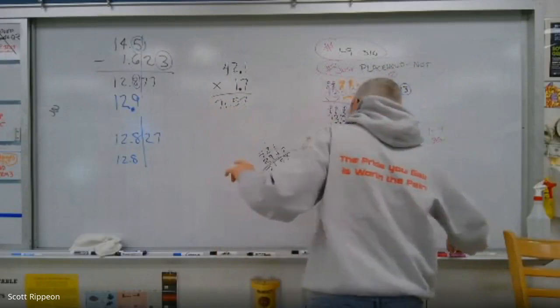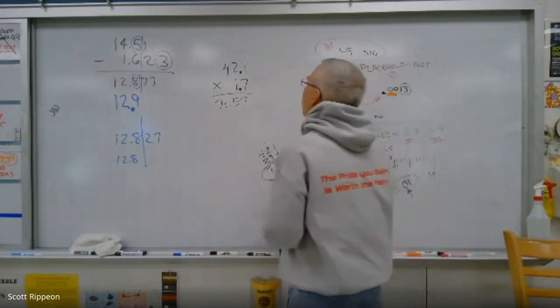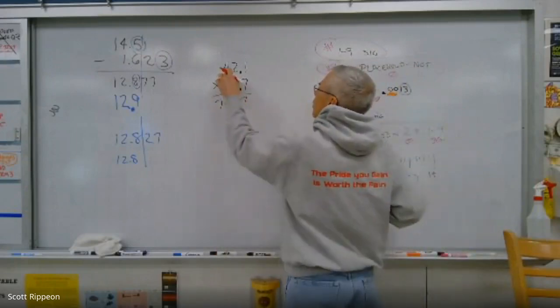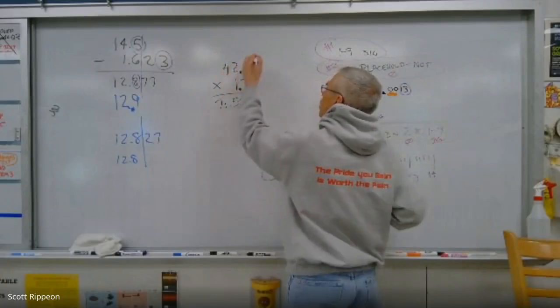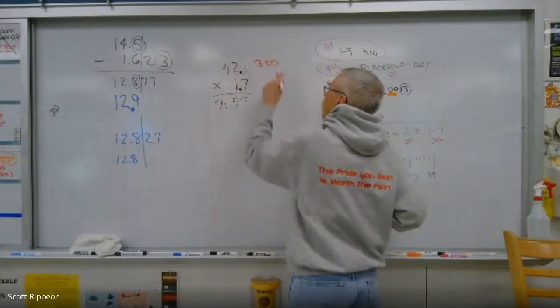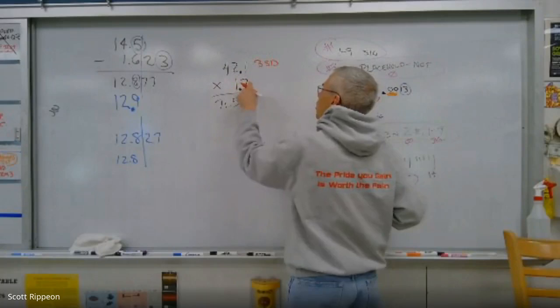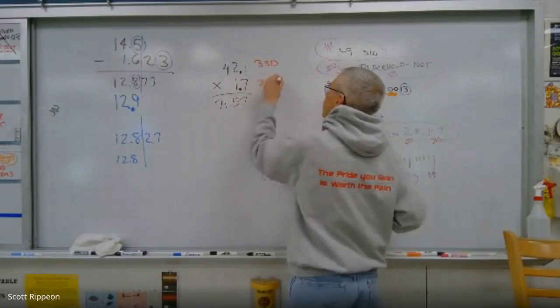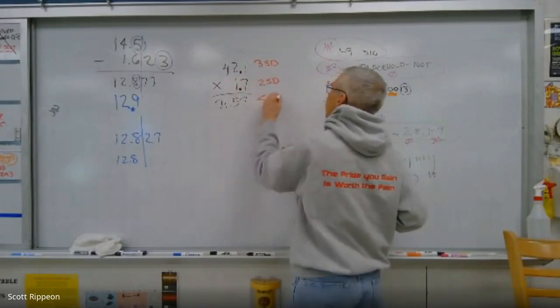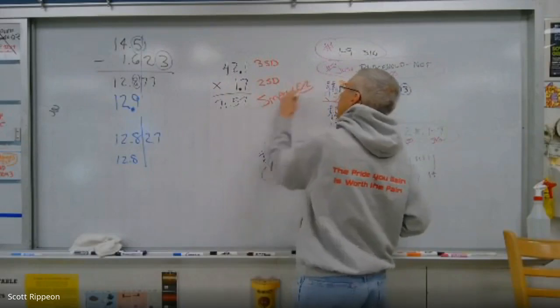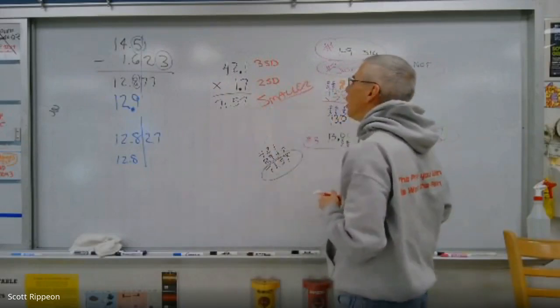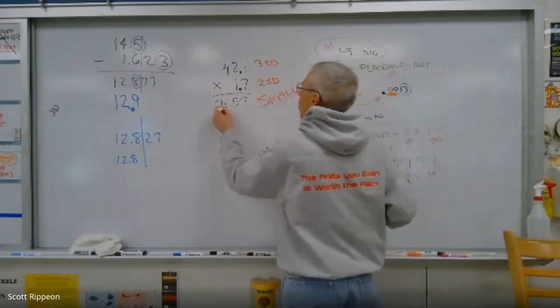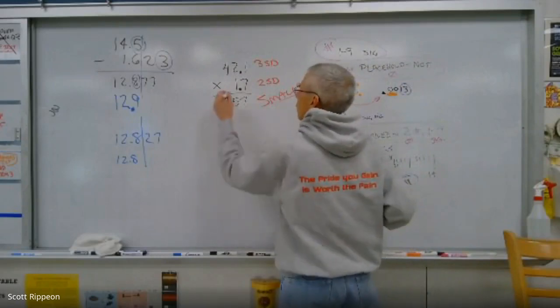Now, here's the point. We count them. 1, 2, 3. Got 3 significant digits. 1, 2. Got 2 significant digits. Take the smaller one and make that the number your answer has. 1, 2. Got to stop there.